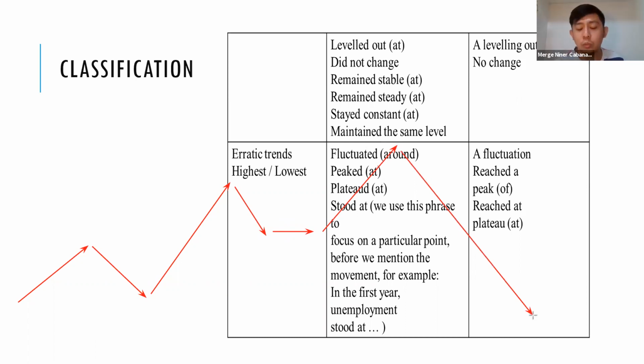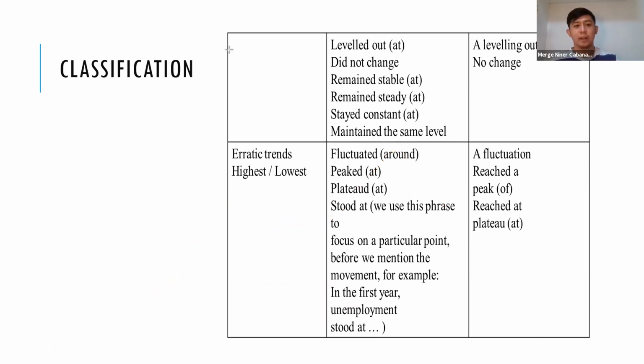So this is what we call an erratic trend. The main keyword that you should remember is fluctuation. It moves from one particular area into another drastically.